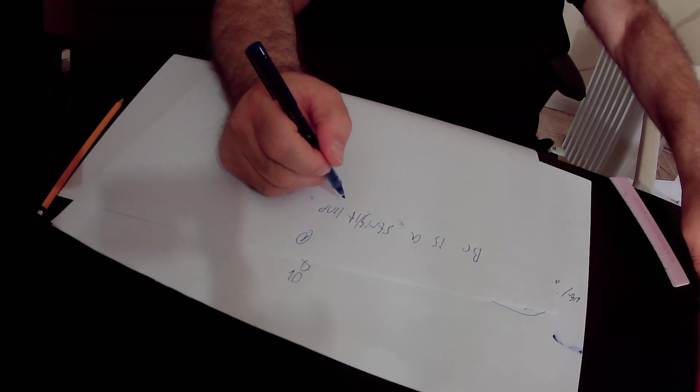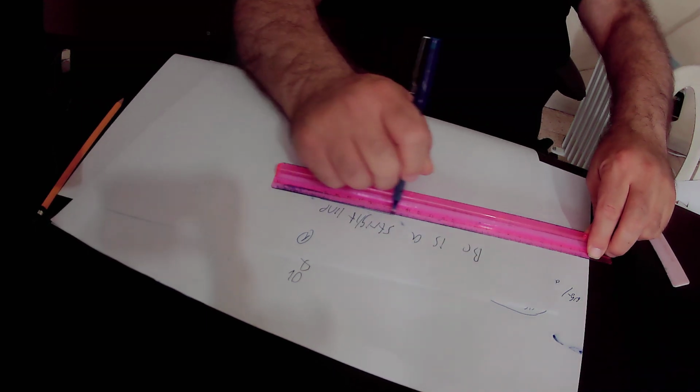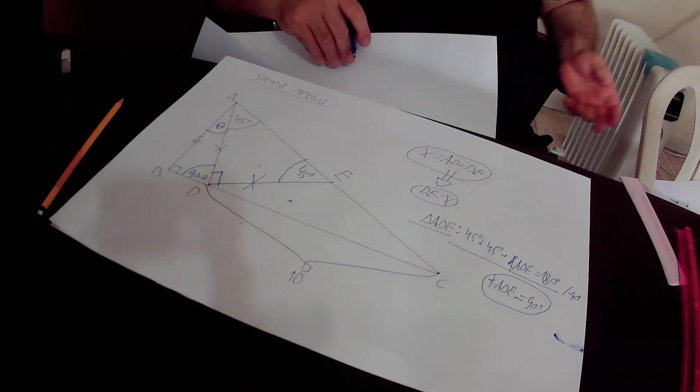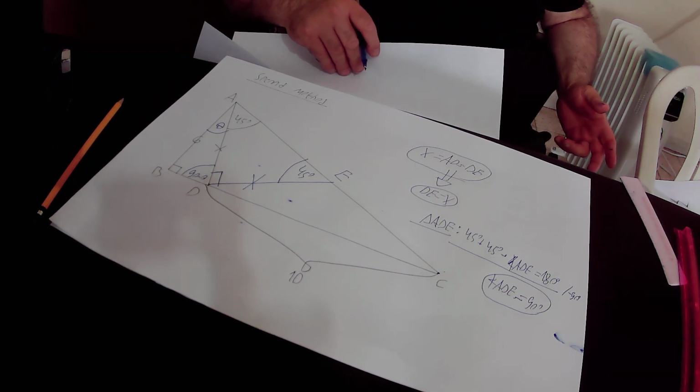So we know that BC is a straight line, and we have the rule that the sum of the angles on one side of a straight line is equal to 180 degrees.